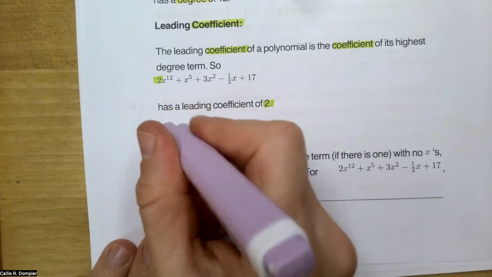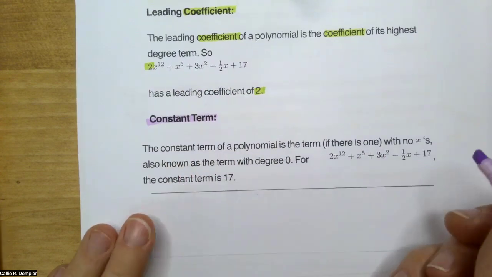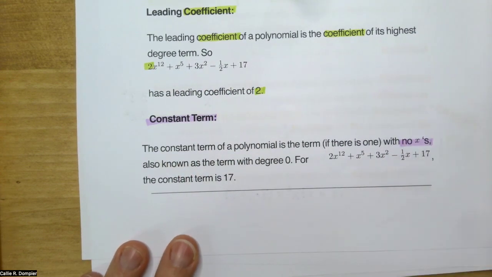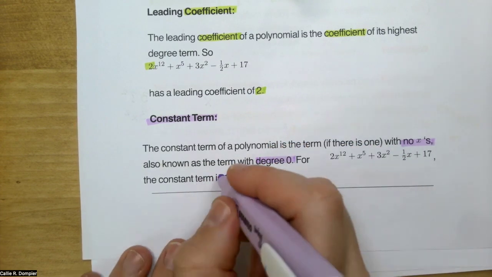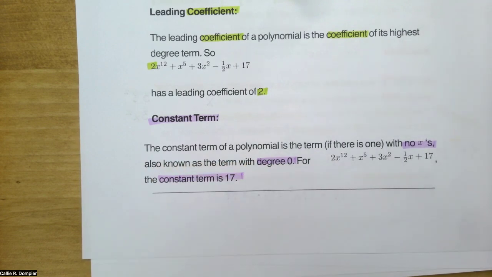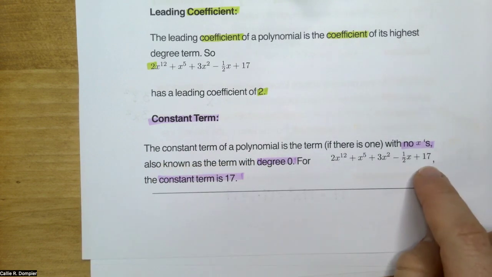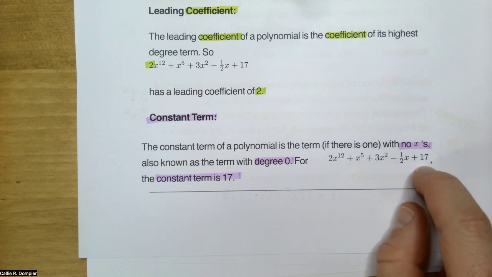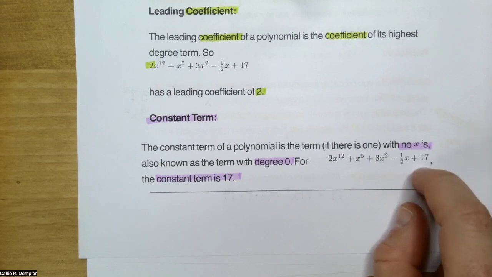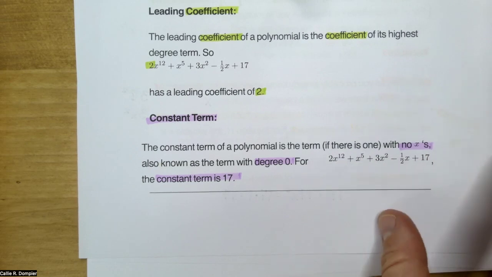The constant term of the polynomial is the term with no x's, degree 0. The constant of this polynomial is 17 because 17 does not have an x, or as we talked about, it's 17 times x to the power of 0, which is just 17. So the constant is that last number, provided that it does not have a variable. Good? Okay.